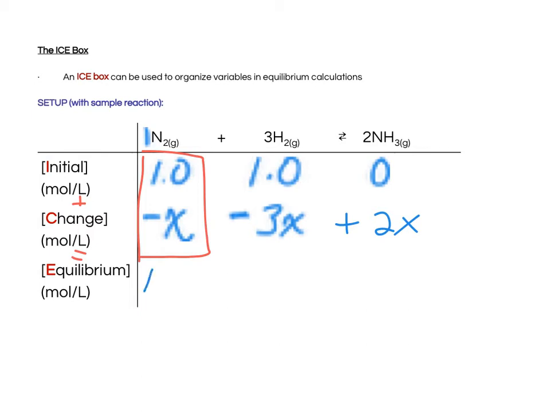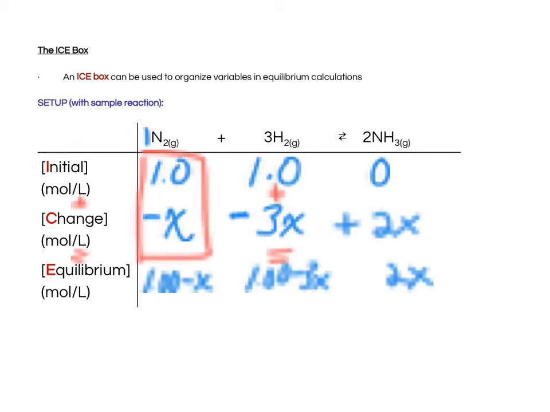So right now I would just write 1.00 minus x, 1.00 minus 3x, and then simply 2x. Again, I'm getting those equilibrium concentrations by saying my initial plus my change equals my equilibrium concentration.